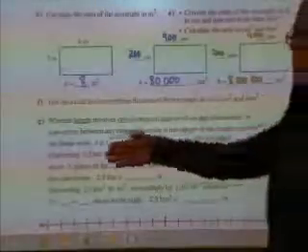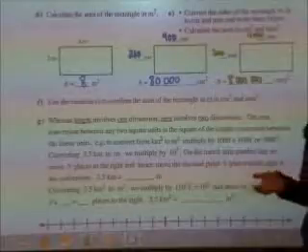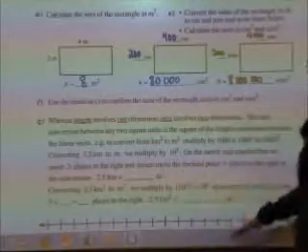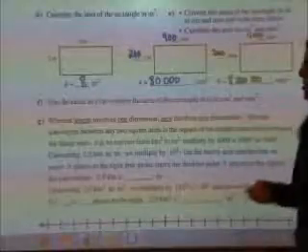Length involves one dimension, just going this way. So it's a linear measurement. Area is a squared measurement because I have a length and a width, or a height and a base. So I have 2 dimensions.